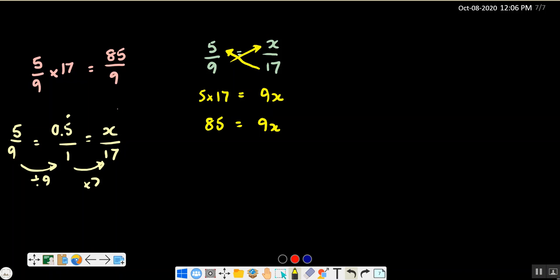Well, now I've got 9 x's is 85, so the final step is to divide by 9. If I divide by 9 on both sides, I then get x equals, again, 85 divided by 9, which is what we had before, 9.44.